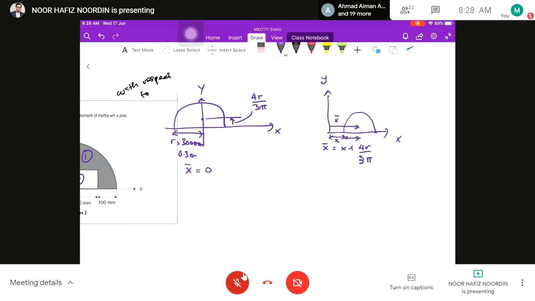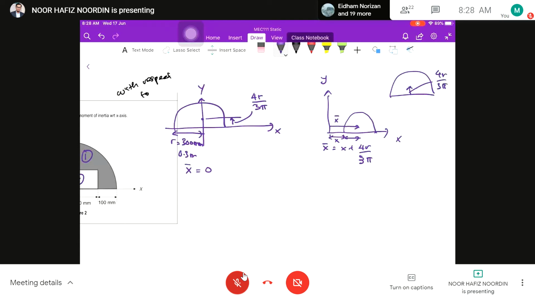Right. And then, okay. So faham kenapa x bar equal to 0? Alright, so now we calculate for y bar. So for y bar we have value lah, because for a semicircle, secara teori the centre is here. So y dia akan ada 4r divided by 3 pi.